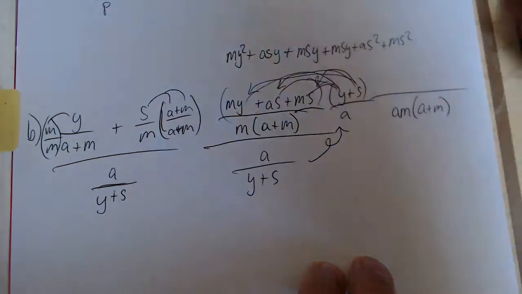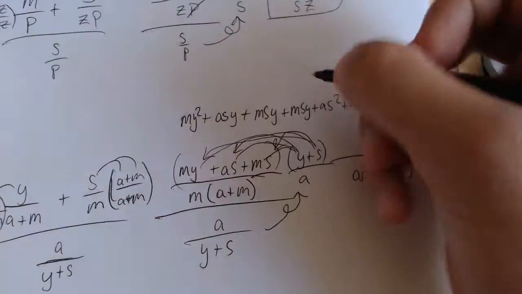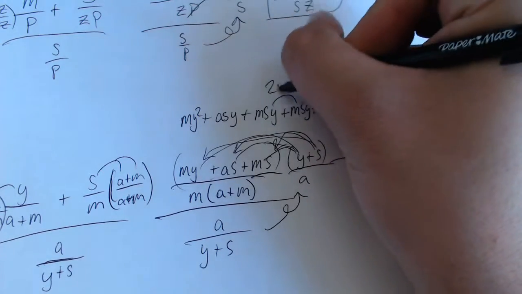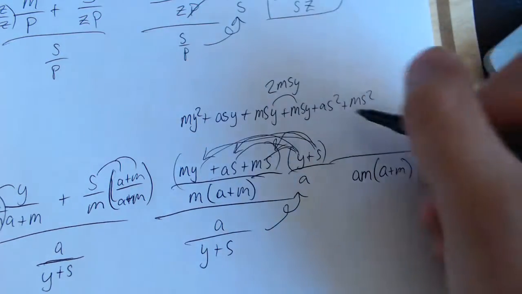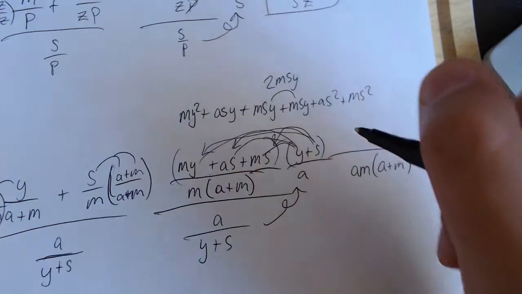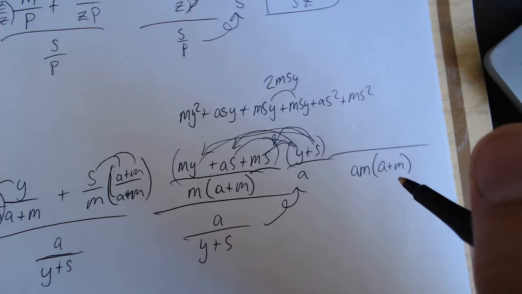ms squared. Okay, so this is pretty confusing, but if you look closely, you'll see we have two like terms right here. We have two msy's. Those combine to become 2msy, and everything else is different. So we'll go ahead and write this with the highest coefficients first.